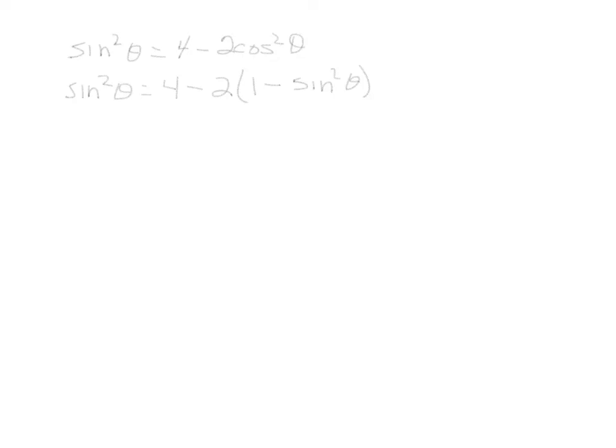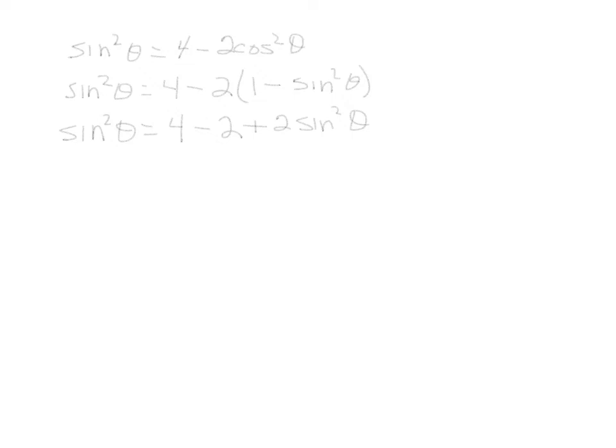You could have changed them both into cosines, but I decided to change them into sines. So now let's simplify a little bit. We have sine squared equals 4. Let's distribute 2. Negative 2 times that will give us positive 2 sine squared.